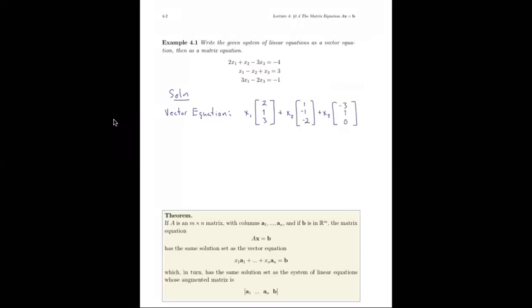And all that's equal to the right-hand side vector, which is -4, 3, -1. So there's our vector equation.